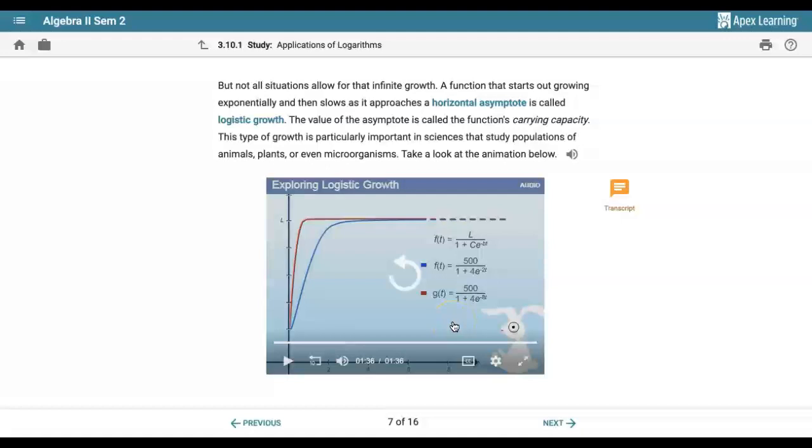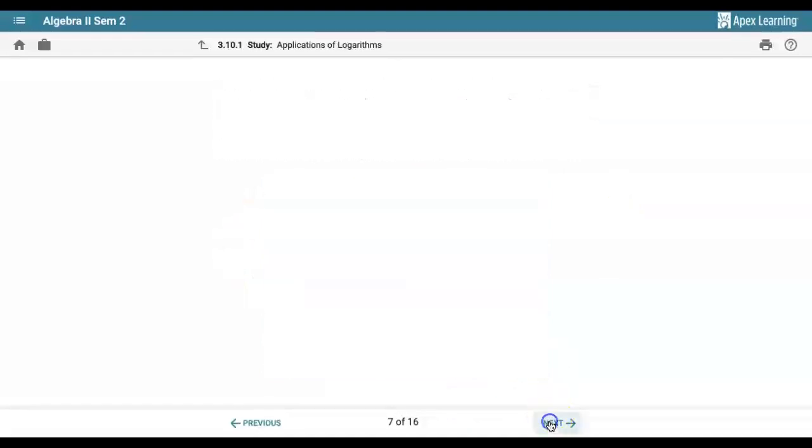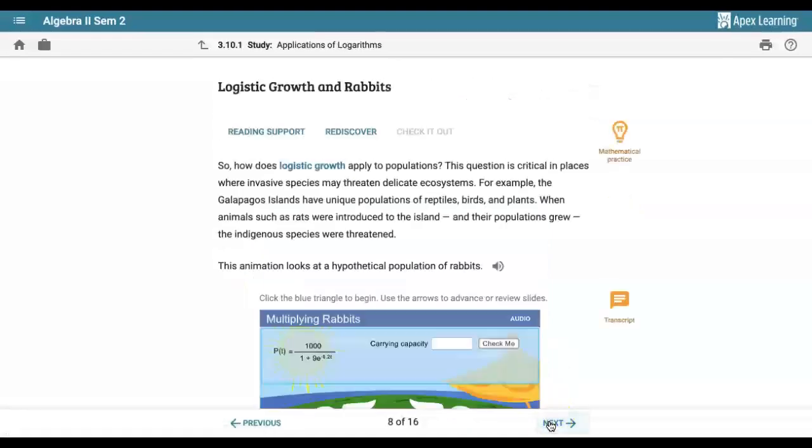All right, and again, it doesn't always have to have this upper limit, but when we're talking about this example, obviously there's not an unlimited supply of food and water naturally available in the environment for our bunnies. So they've got to hover around a certain limit of animals that can exist in a certain area.